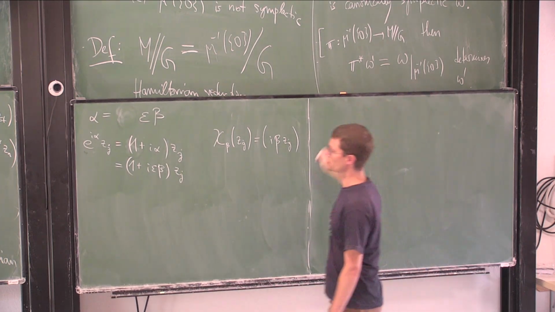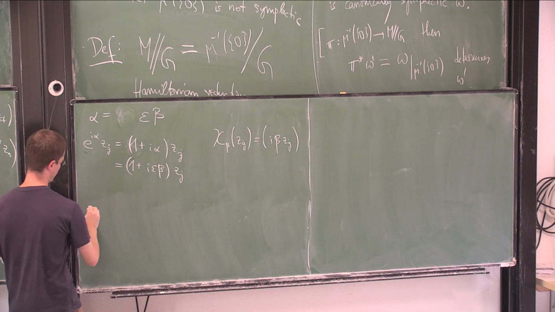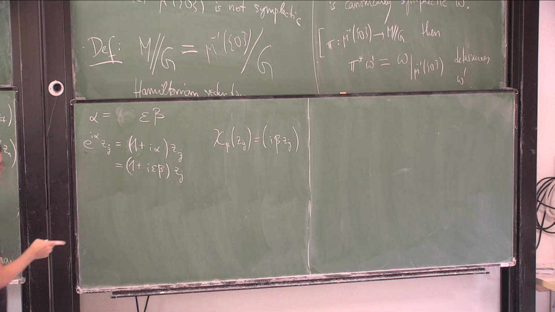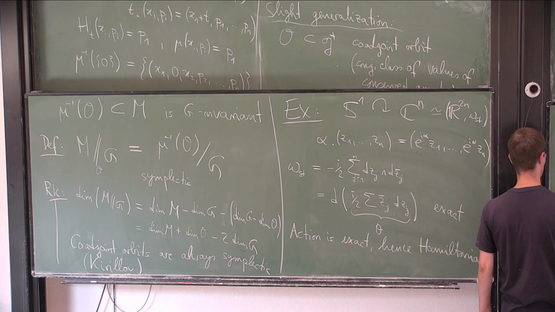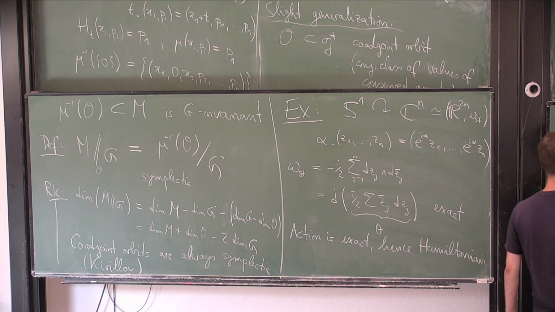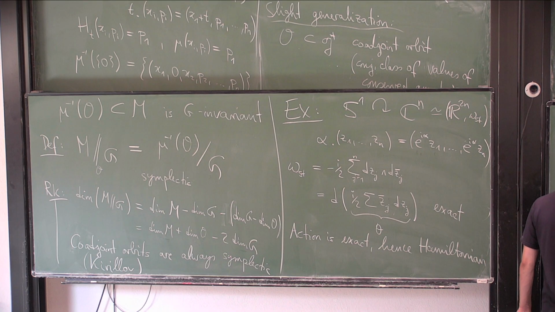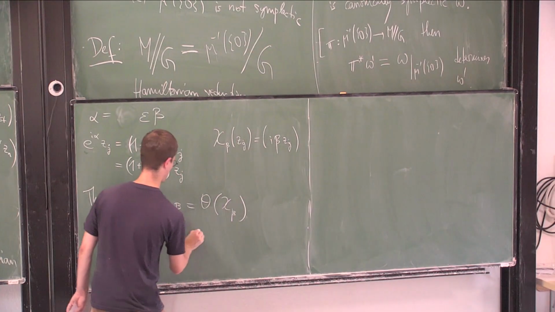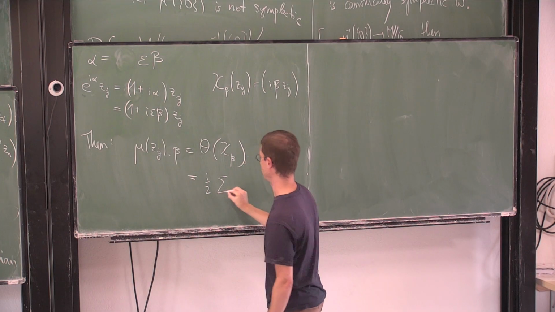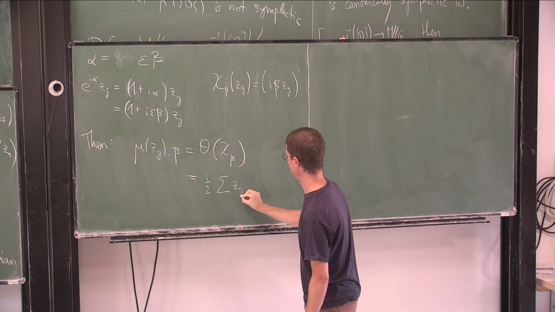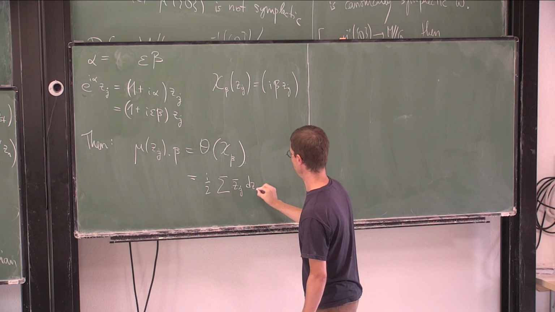Okay, and then we should plug this in. What's the formula? The moment map is given by applying this form to this vector field. So the moment map at point z applied to beta should be the form applied to X_beta. The form is i over 2 sum z_j bar dz_j.